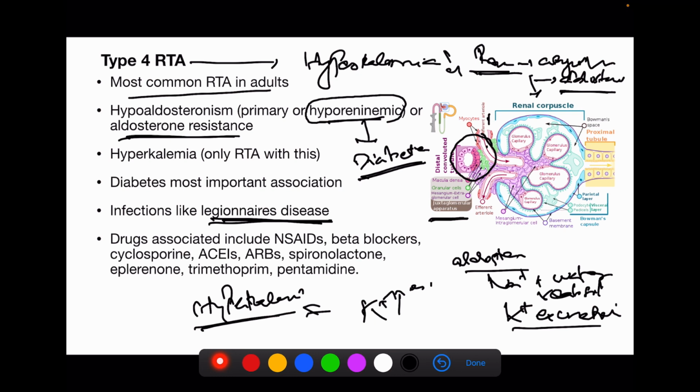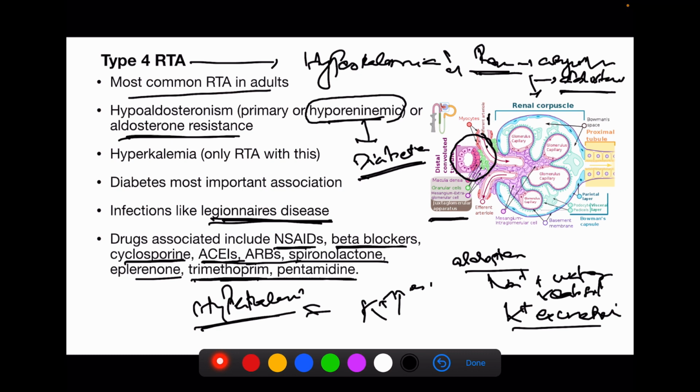And there could be some other drugs which are associated with type 4 RTA, and they include NSAIDs, beta blockers, CNIs like cyclosporine, ACE inhibitors, ARBs, potassium sparing diuretics like spironolactone and eplerenone, and drugs like trimethoprim and pentamidine, which can be used in the treatment of pneumocystis pneumonia and other things. So these are the different causes of type 4 RTA.